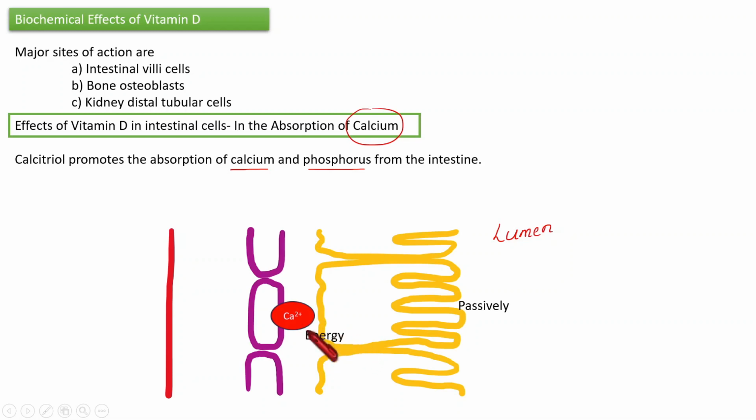So from where is this energy obtainable? Two methods are there. First method: we know that sodium is the abundant ion present outside the cell. Because of that abundance, it can diffuse into the intestinal mucosal cell in the direction of its concentration gradient. That's clear. This is always happening in almost all cells.